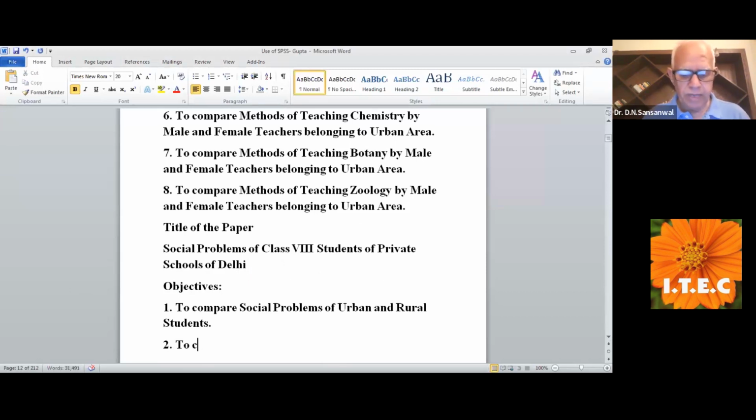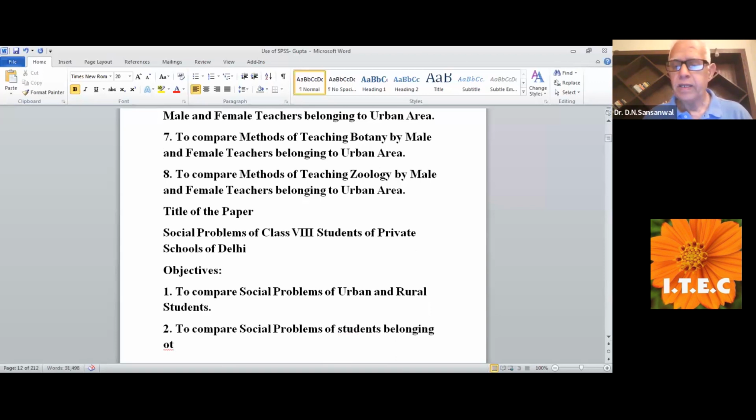I can have to compare social problems of students belonging to large and belonging to nuclear families and joint families.